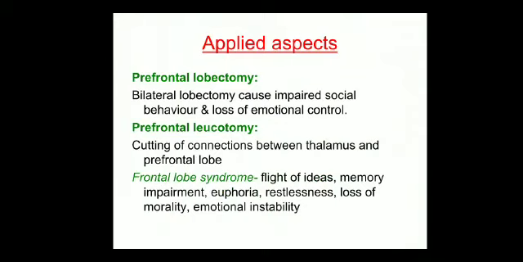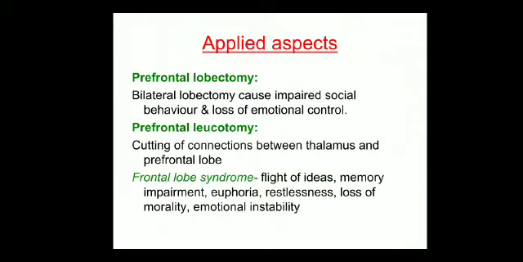Then prefrontal leucotomy in man involves cutting the connections between the thalamus and the prefrontal lobe. So most of the prefrontal cortex is put out of action, as the cortical association fibers are relatively few. This is associated with frontal lobe syndrome.